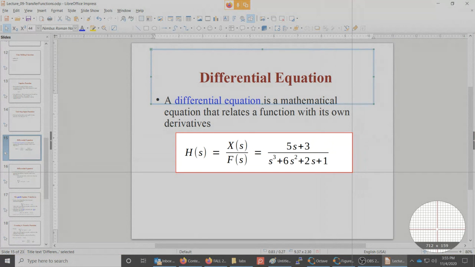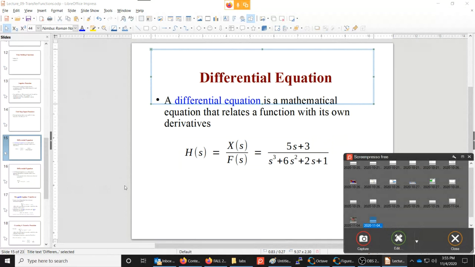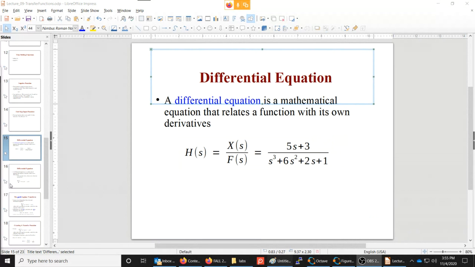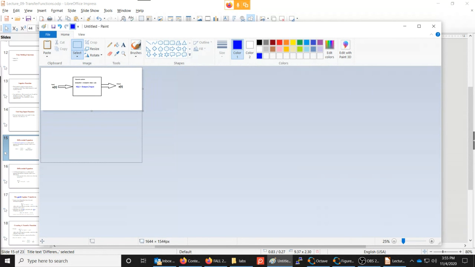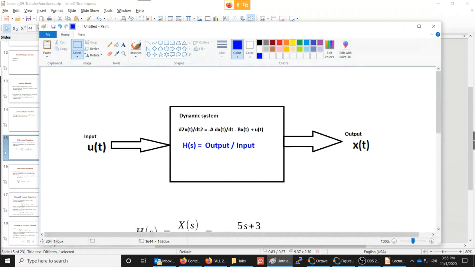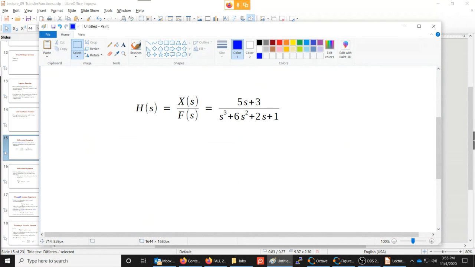we can rewrite this in the time domain. Here's my transfer function, and I can rewrite this in the time domain by cross multiplying.